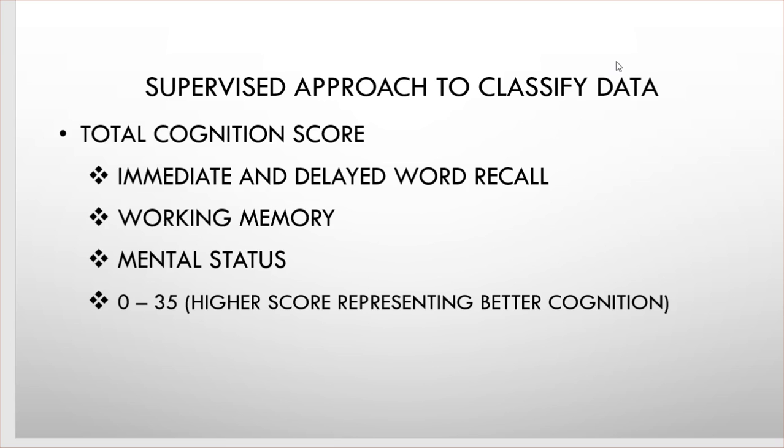The second element consists of the scores for working memory. The third element consists of scores for mental status. And when we add up these 3 elements, it ranges from 0 to 35, with higher scores representing better cognitive performance.